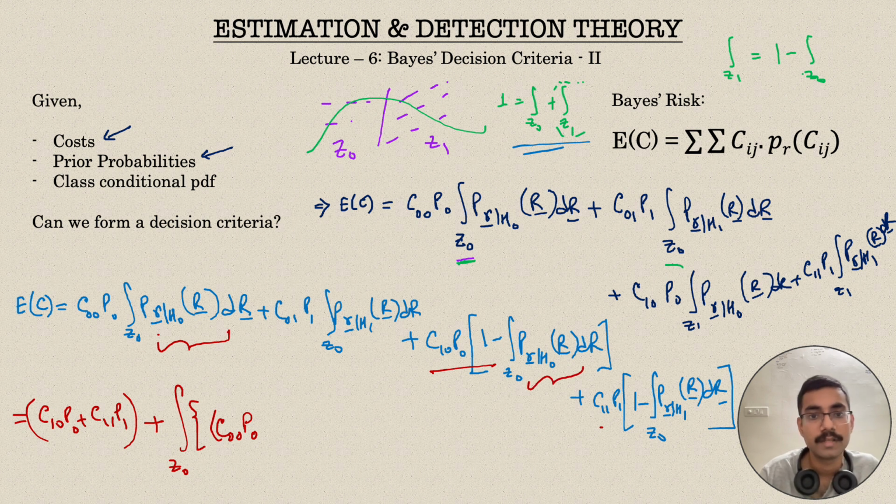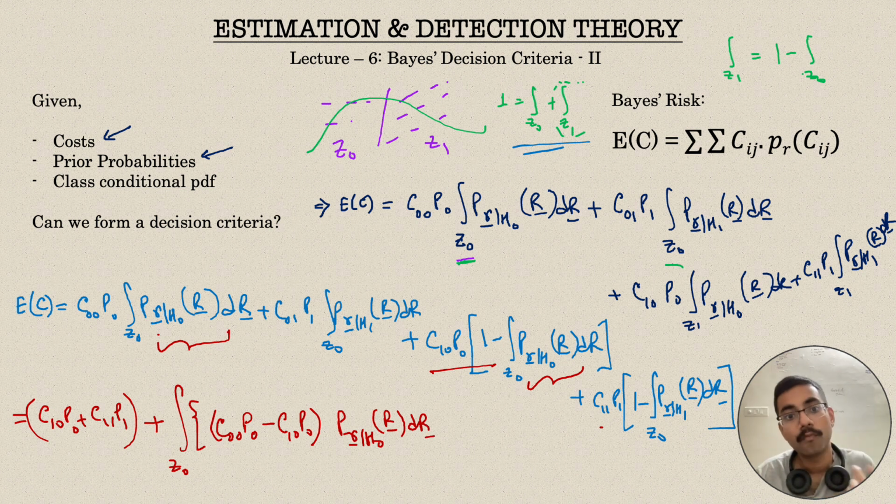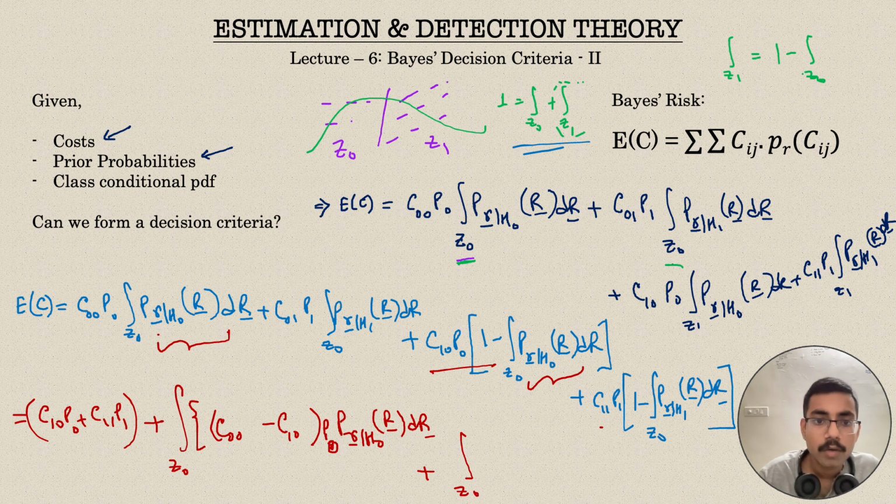So this would be C00 P0 minus C10 P0, times P(R given H0) dR. Okay, now what you can do is take the P0, which is common in both the terms, out, just for the sake of simplicity, because the priors and the costs are already given to you in the problem. Okay, and similarly you can also write Z0 here, or else you can do one thing.